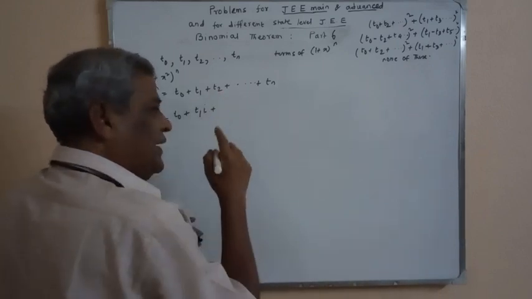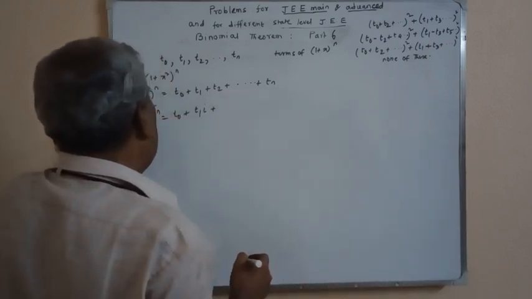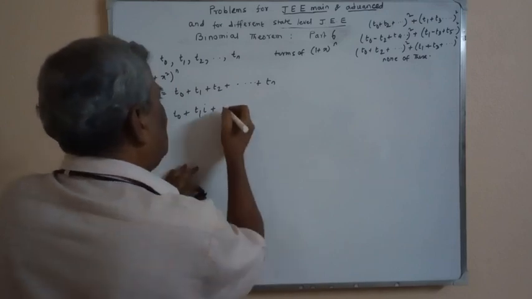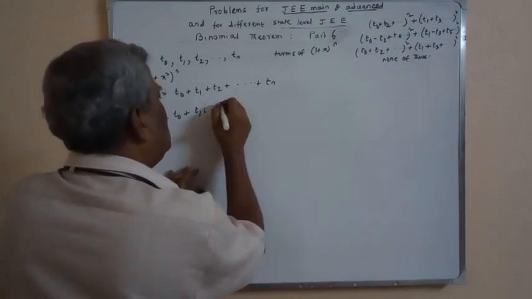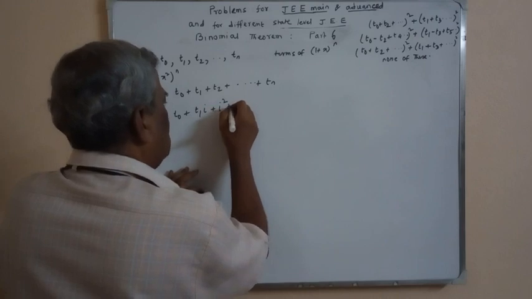In T2 there is x square, so i square x square, so it is i square into T2.